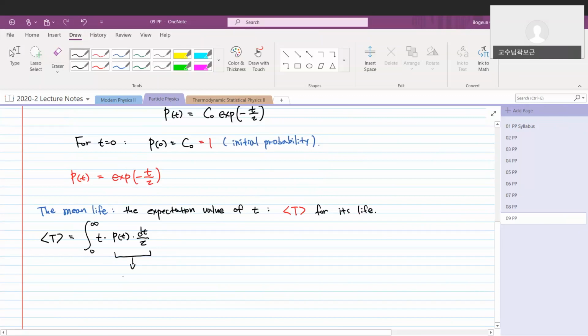So this is a kind of decay probability. Once more, this is the existence multiplied by the ratio of decay.